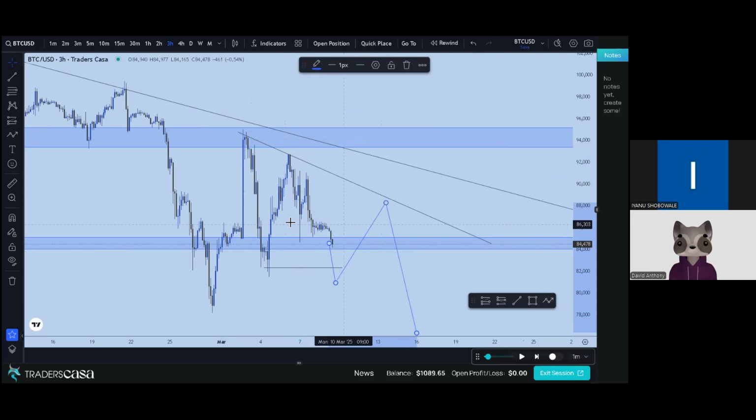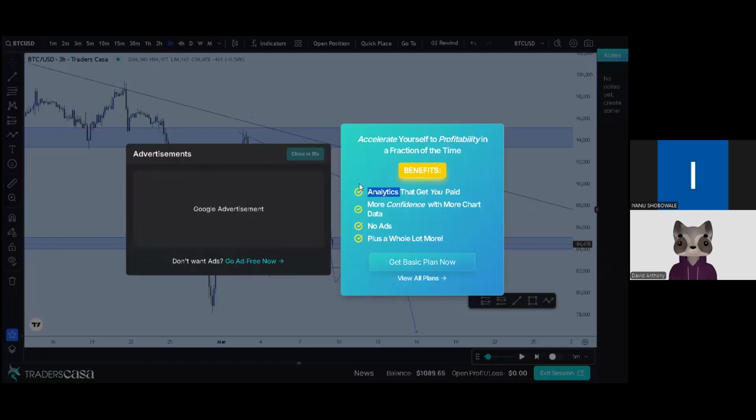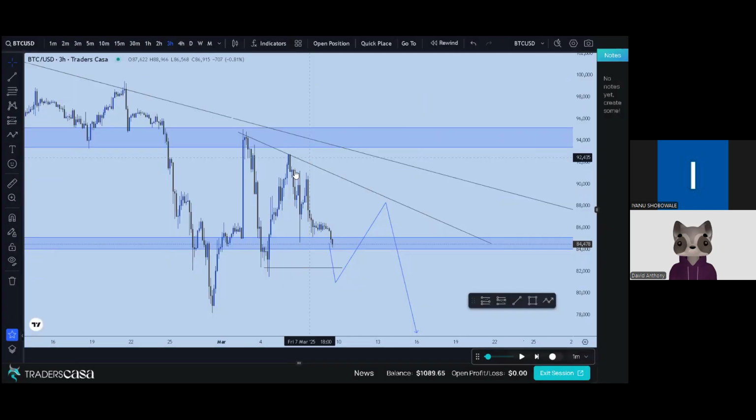Let me tell you why I don't like this trend line that I just drew. It's not really a significant trend line. Why is it not significant?